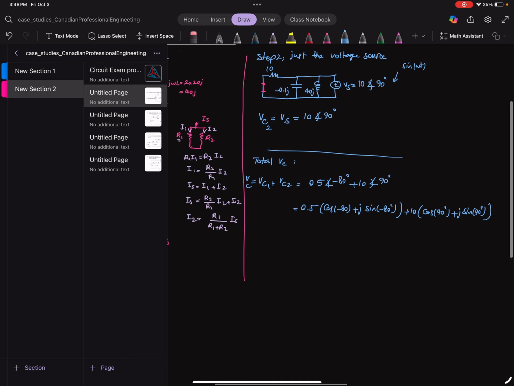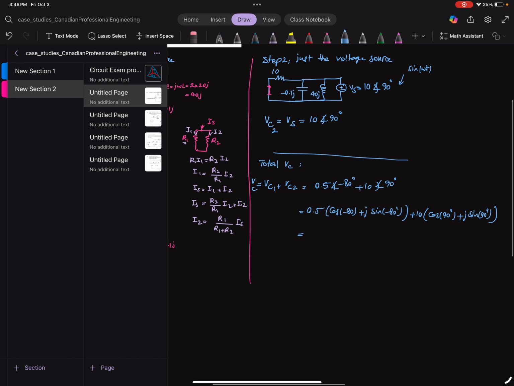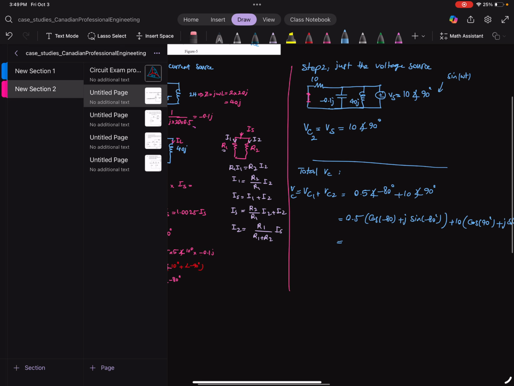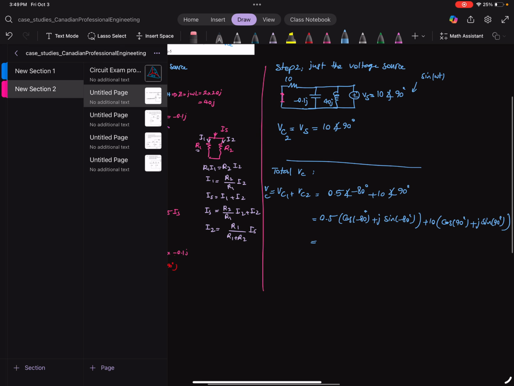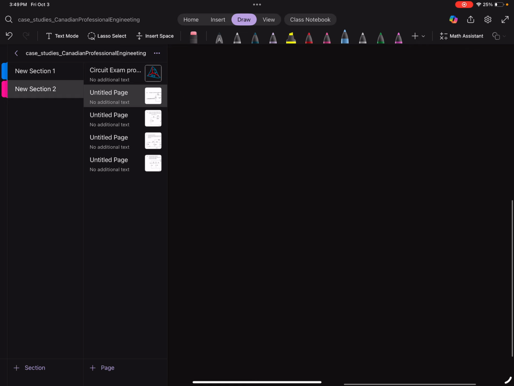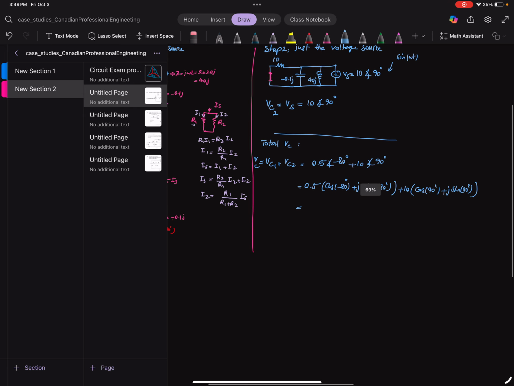Again, even from the phasor, we get the Vc, which is going to be the same thing as the Vs, which is sine, basically. So here, 80 degrees, we can calculate all of this. Cosine of a negative angle is the same as the positive one.